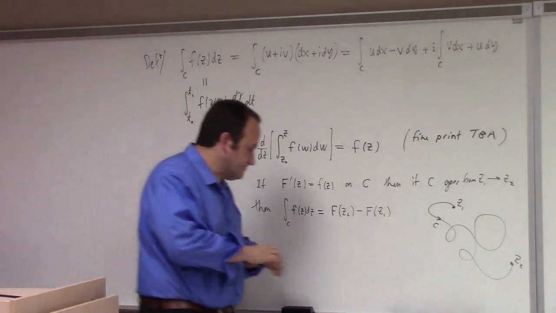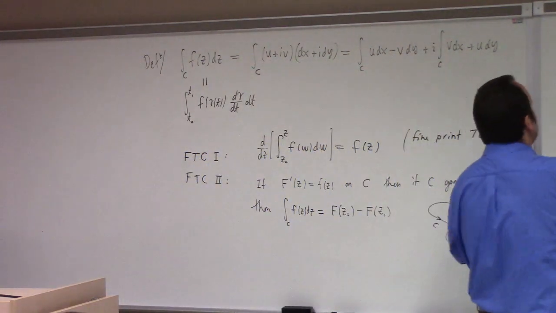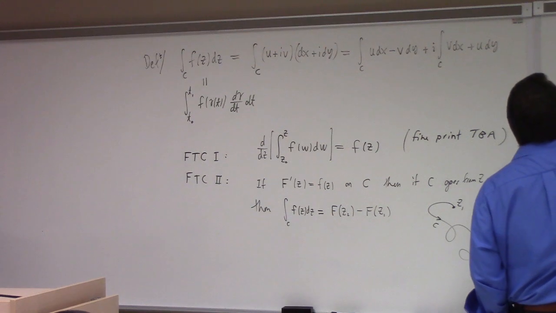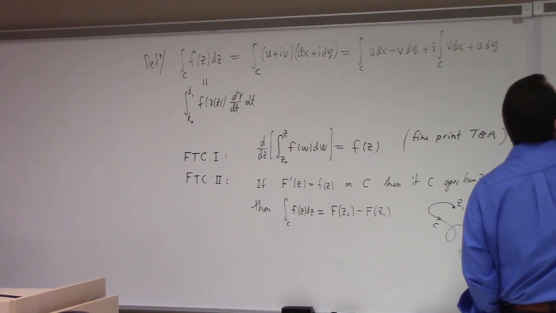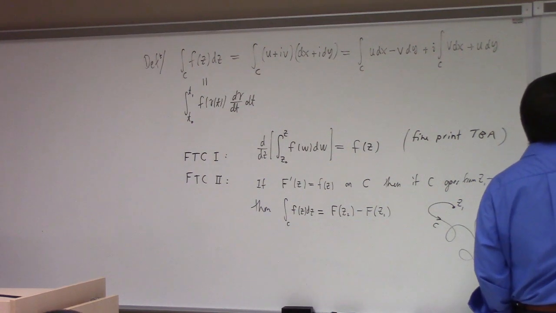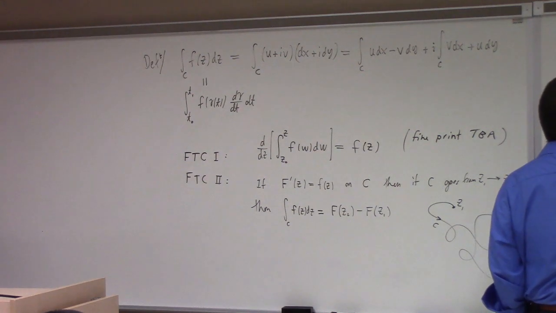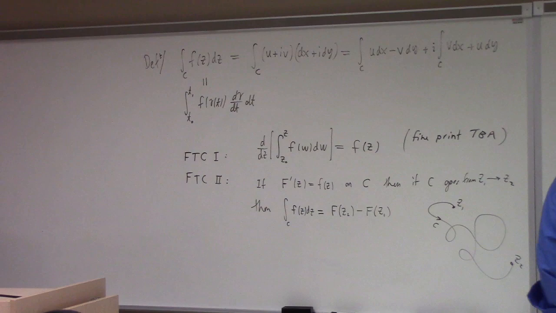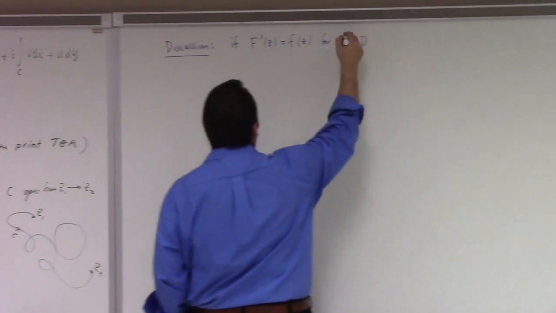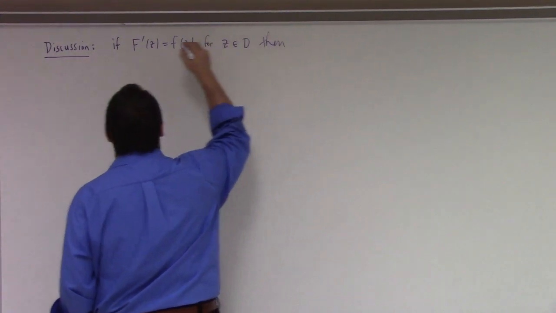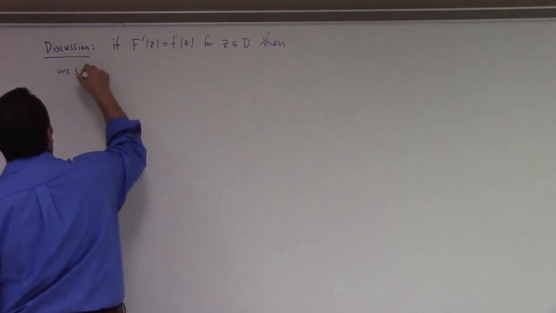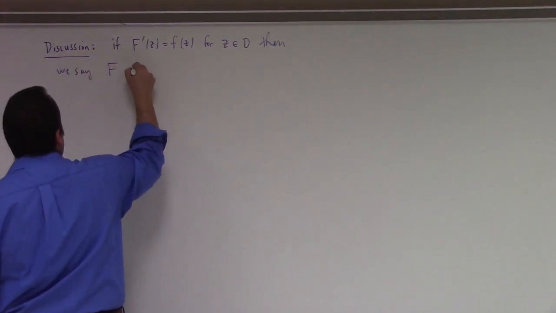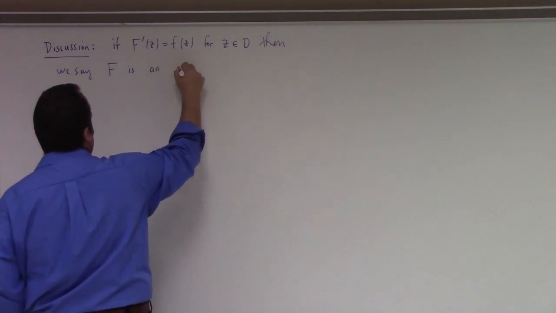Now, here's the discussion. We have a couple different viewpoints we can go on. If F'(z) = f(z) for z in some domain D, then we say big F is an antiderivative.